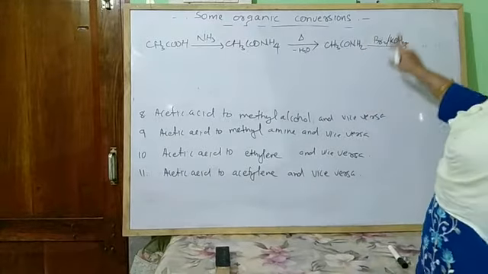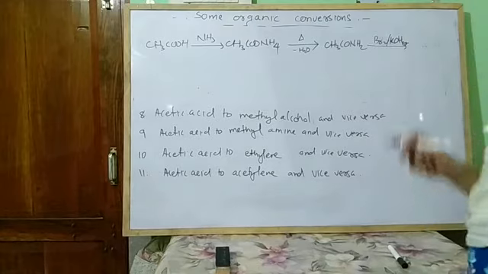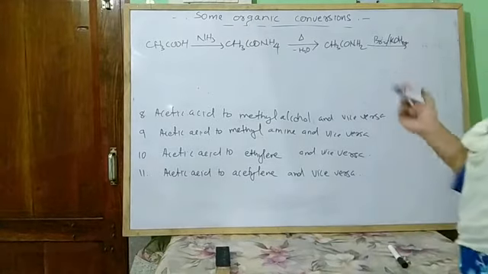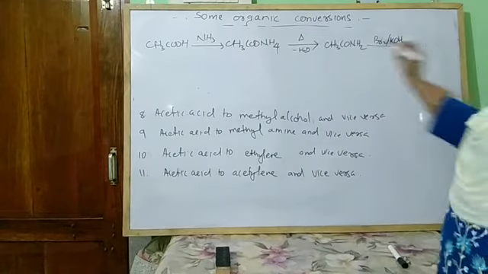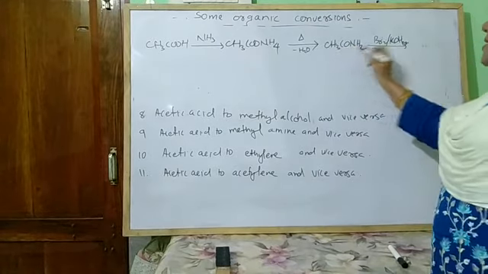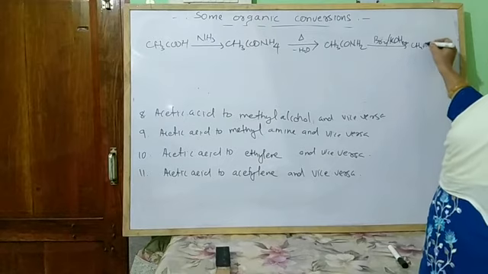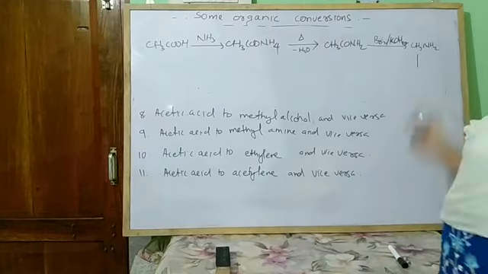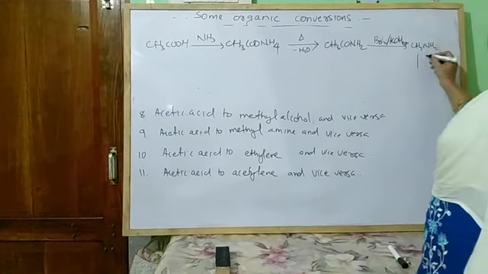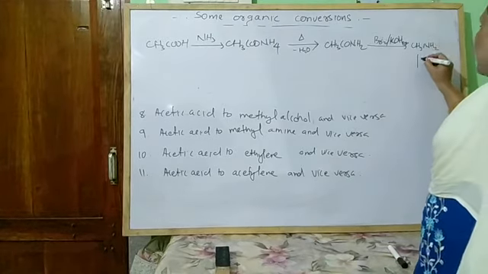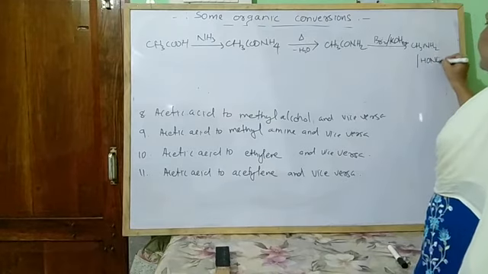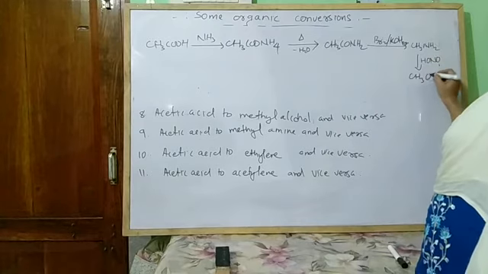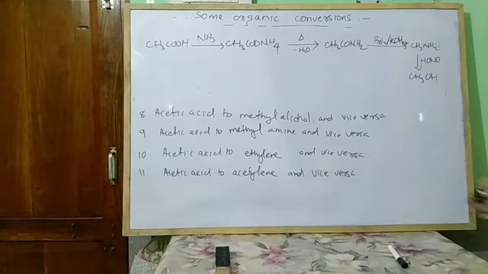when an amide reacts with bromine and aqueous KOH, it forms a primary amine. The CO group is removed and CH3NH2 is there. CH3NH2, methylamine, and when this methylamine is treated with nitrous acid, it forms methyl alcohol.